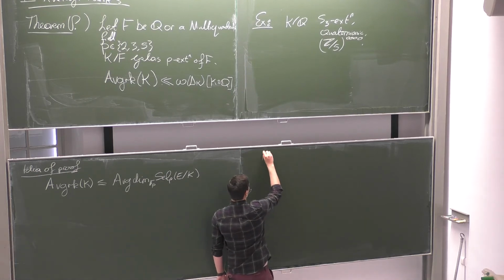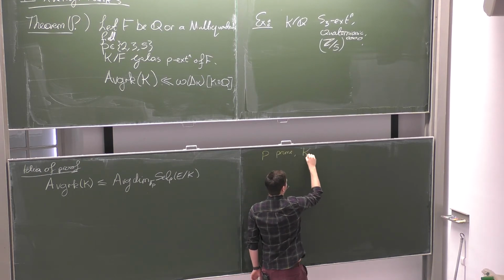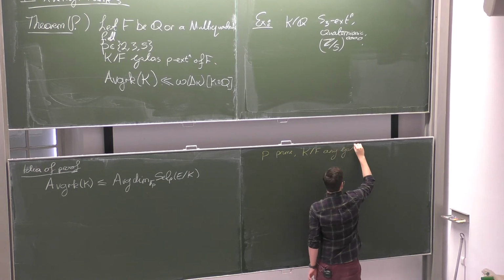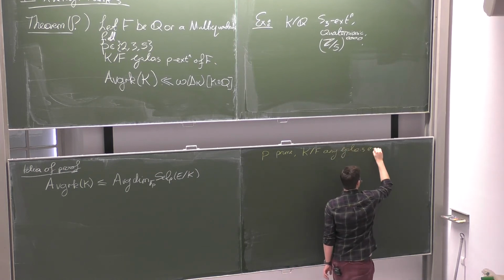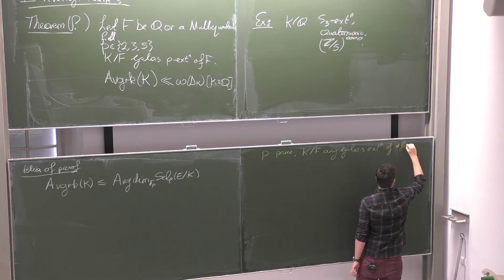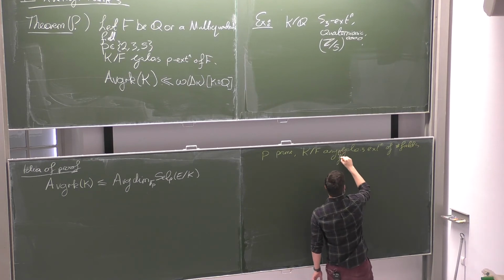So at the moment, p starts off as any old prime number, K over F, any Galois extension of number fields. And I've forgotten to say finite again.